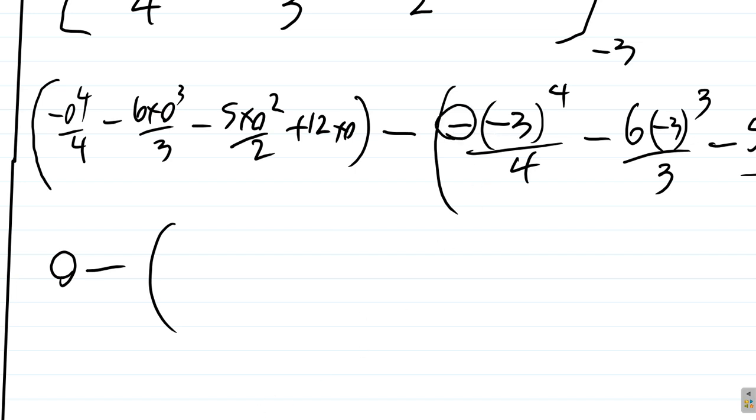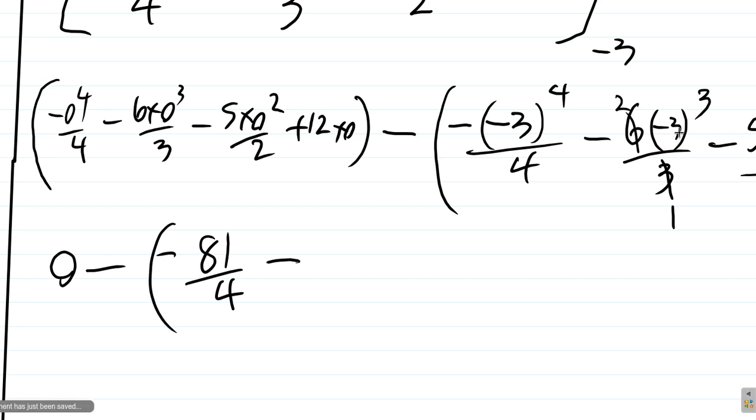But this negative still remains, so it's negative 81 over 4. Minus, now 3 in the 3, 1, 3 in the 6, 2. So it's 3 times negative 3 cubed; negative 3 cubed is negative 27.